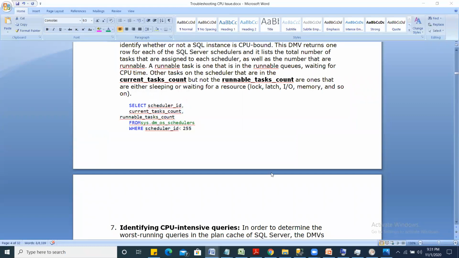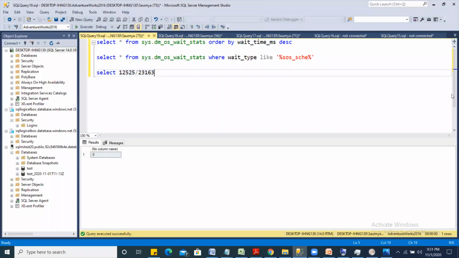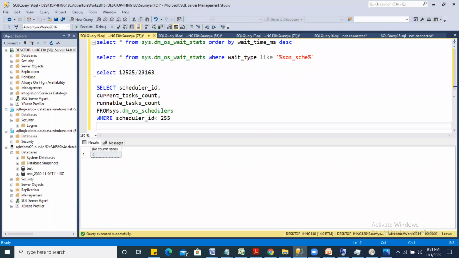Also, if you see the thread pool value is high, you can check for the task count against your schedulers, right? So scheduler ID up to 255 is considered as user schedulers. You can have 256 processes for a SQL Server. That's why scheduler ID can be up to 0 to 255.